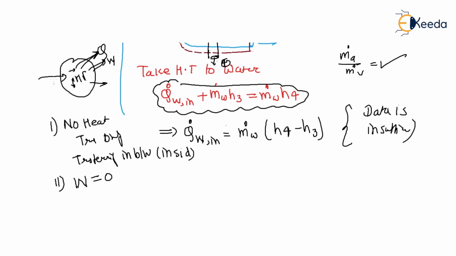If you say there is a control volume of the whole heat exchanger, there is no heat transfer. If one tube is taken as the control volume, there is a heat transfer.